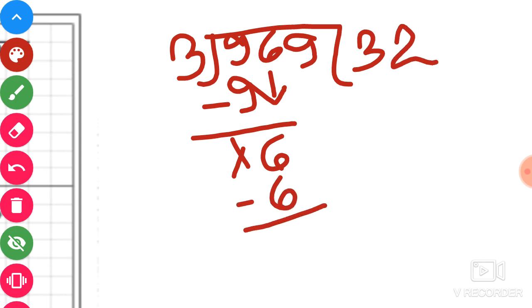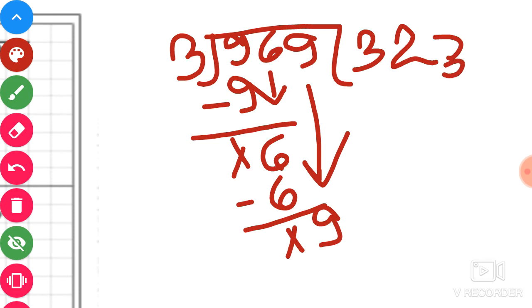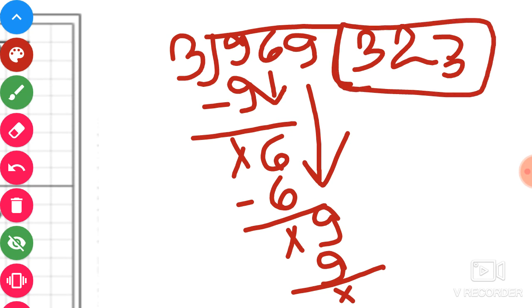We will cross it out. Now we will carry down 9. थ्री के टेबल में क्या 9 आता है? Do we get 9 in 3's table? Yes. 3 3s are 9. So our answer is 323. Okay. Good job.